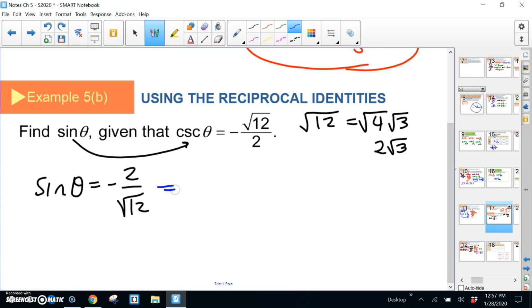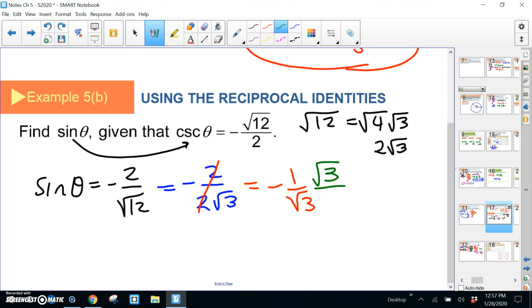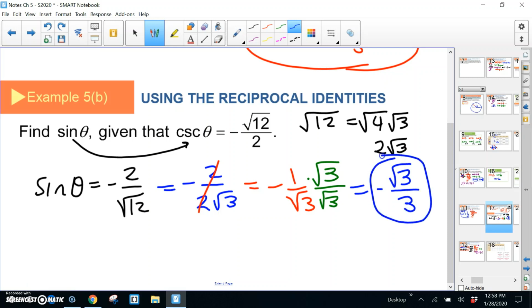So we can think about this as negative 2 over 2 square root of 3. 2's cancel. I've got negative 1 over square root of 3. We don't normally want to end up with the square root on the bottom, so don't forget your algebra trick. We can multiply by square root of 3 over square root of 3. And that's going to give me negative square root of 3 over 3. Hardest part about that is the algebra.